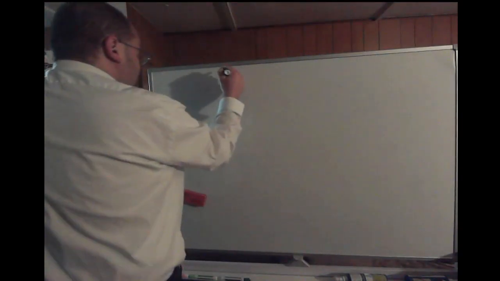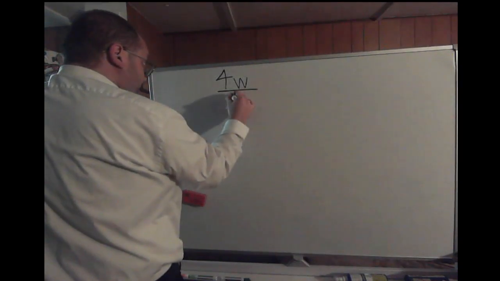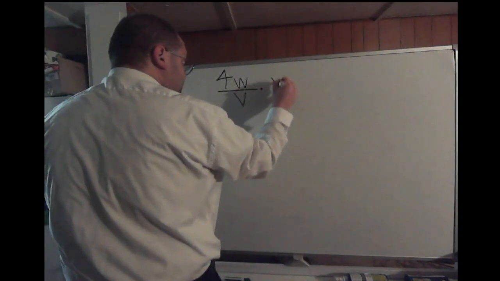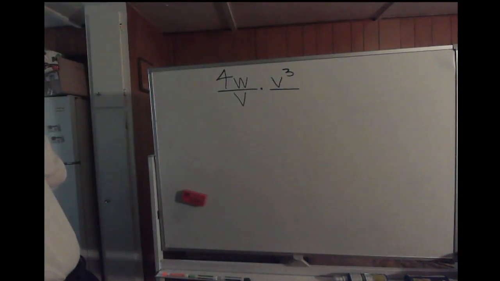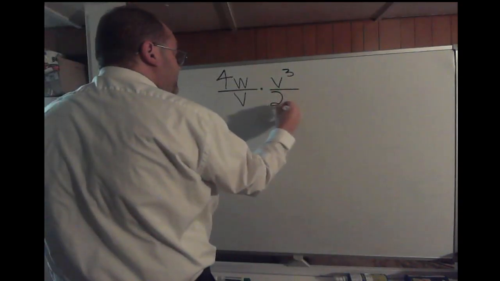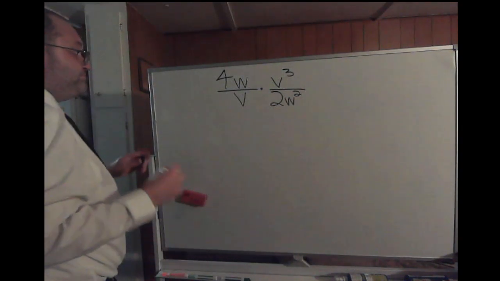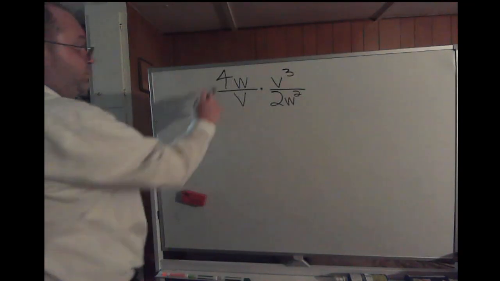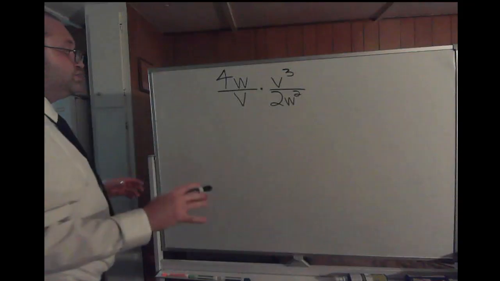Alright, let's see. 4w over v times v to the third over 2w squared.